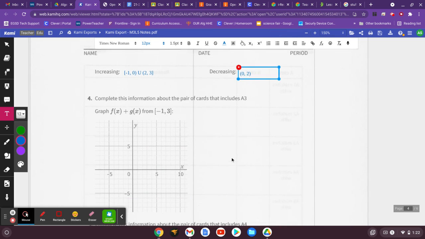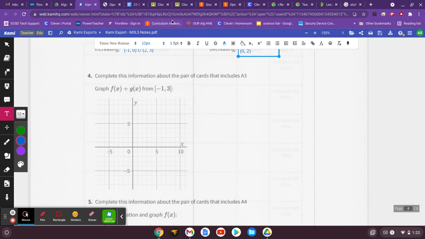Complete this information about A3. Graph f of x plus g of x from -1 to 3. Okay, so what I'm going to do for this one is make a table, actually.